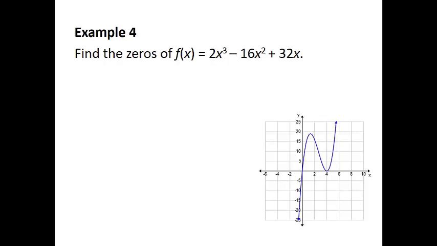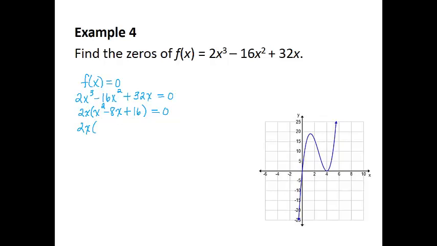Let's see it algebraically. To find the zeros, we're going to solve the equation f of x equals 0. That gives us 2x cubed minus 16x squared plus 32x equals 0. There is a common factor of 2x. When we divide out by 2x, we are left with x squared minus 8x plus 16 equals 0.